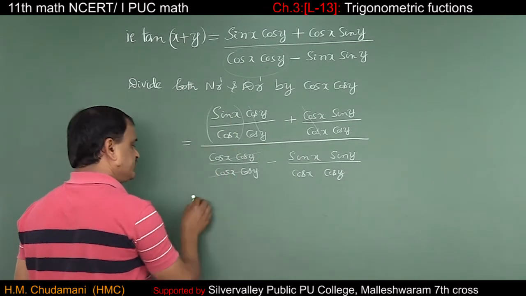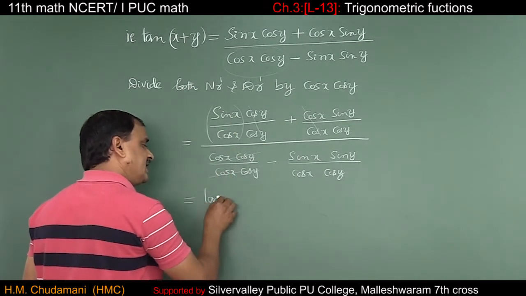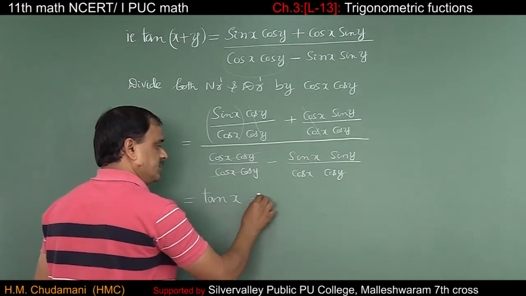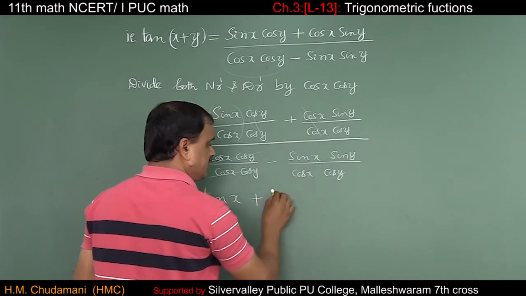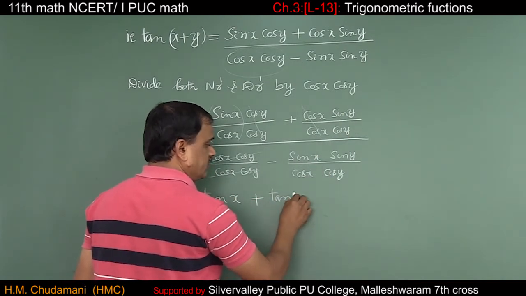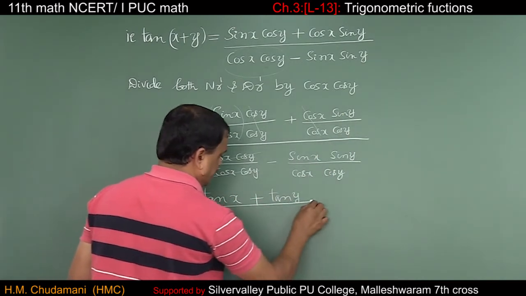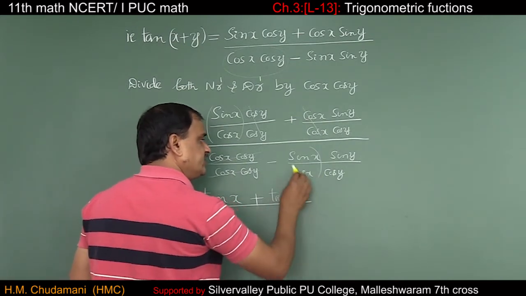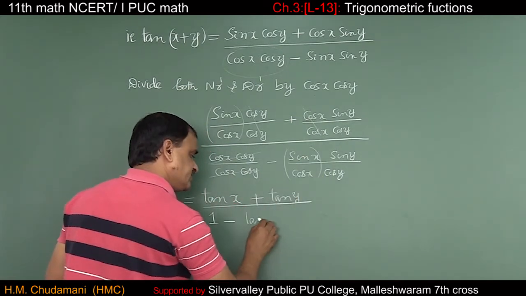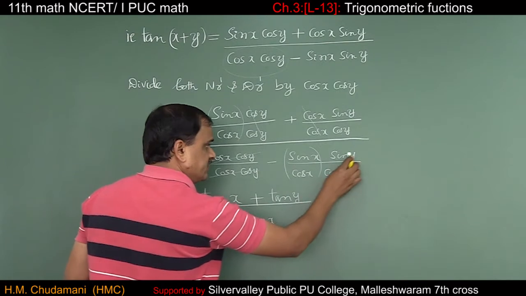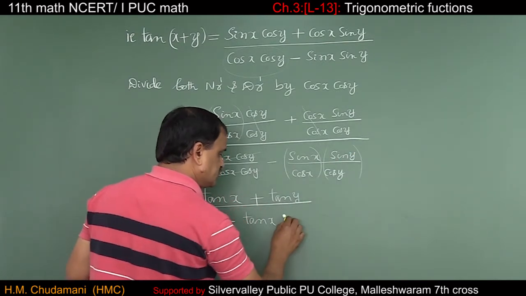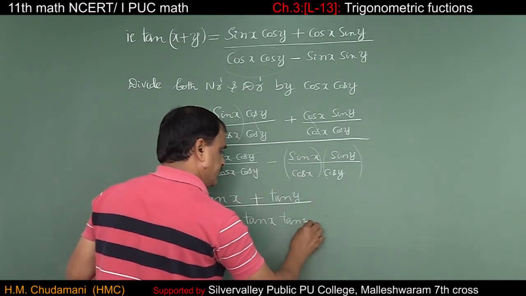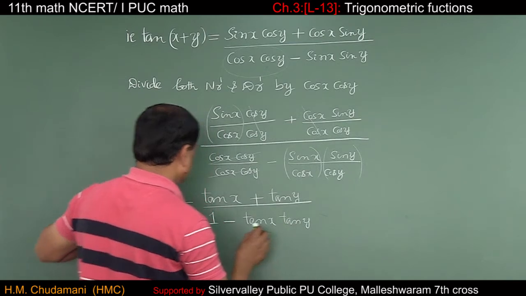What is sin x by cos x? Tan x, plus sin y by cos y means tan y, whole divided by 1 minus, again sin by cos is tan x, sin y divided by cos y is tan y.